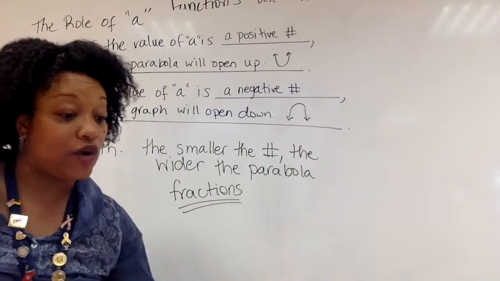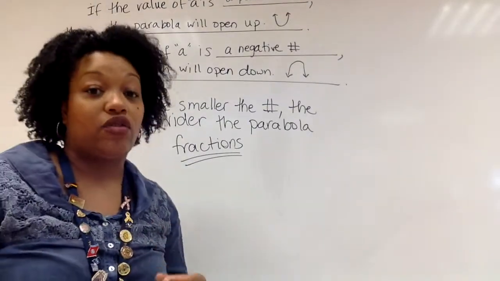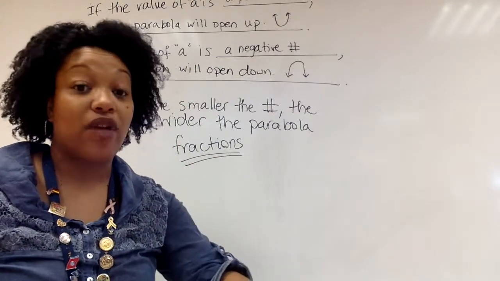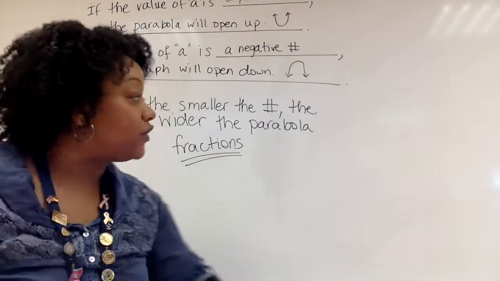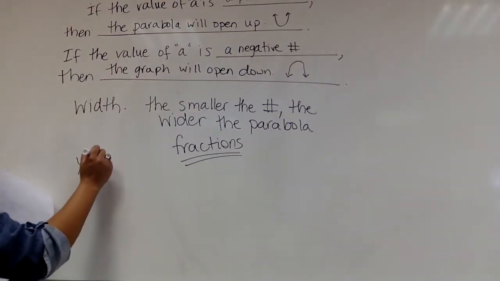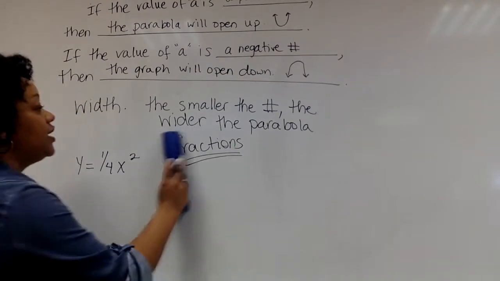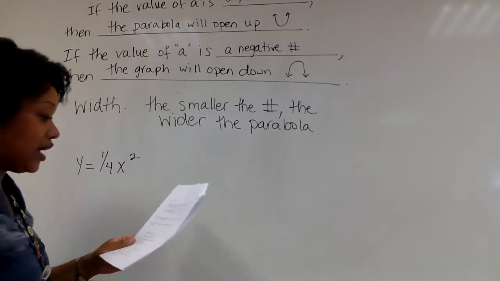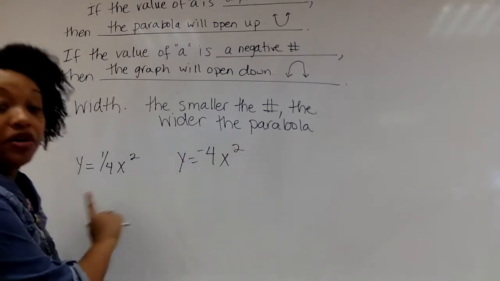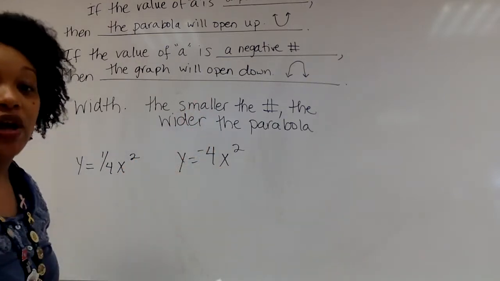So turn your page over, and you're going to answer the following questions comparing these two functions without graphing. I didn't give you any graph paper right there. So here's your two functions. The first one is y equals 1/4 x squared. And then the second one is y equals -4 x squared. Put these two terms in your blanks and then answer the questions.